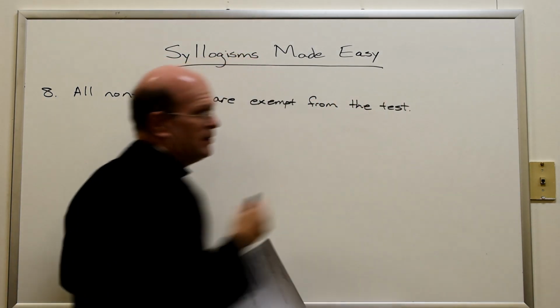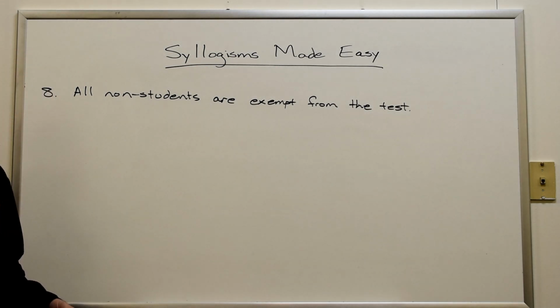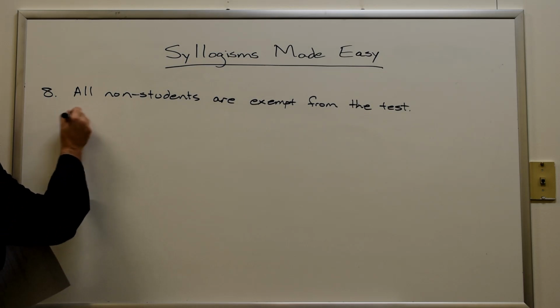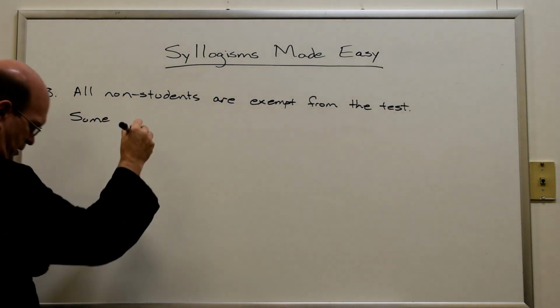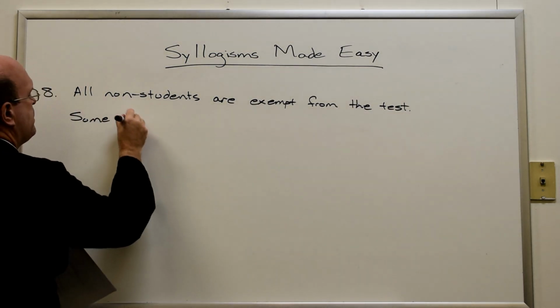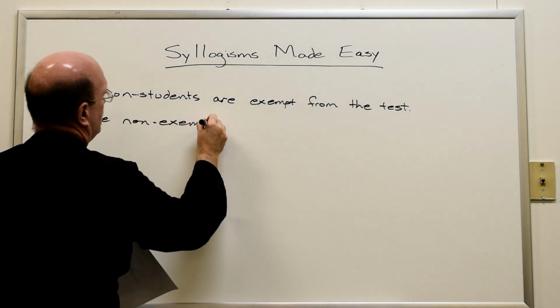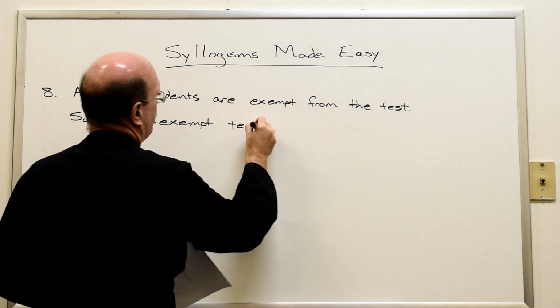So for example, maybe they're just auditing the logic class, so they don't have to take the test. And we say some non-exempt test taker failed.